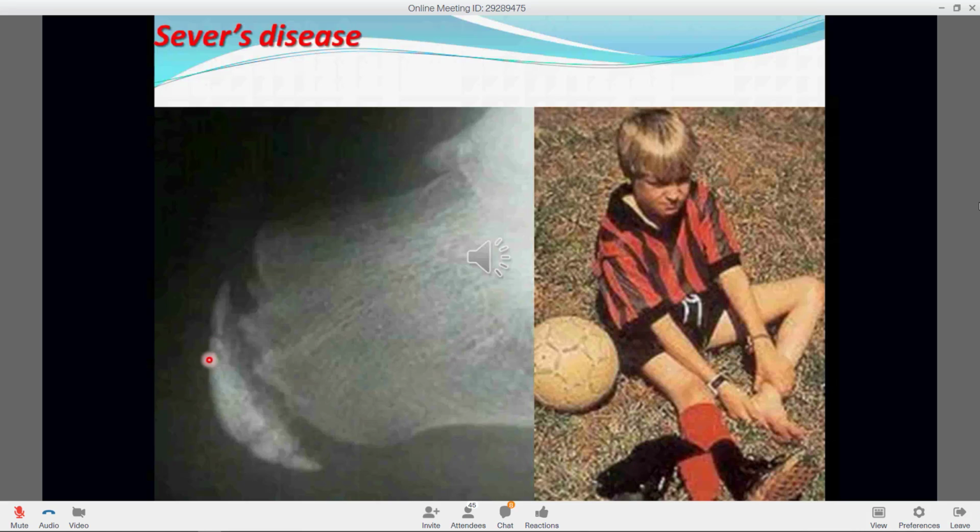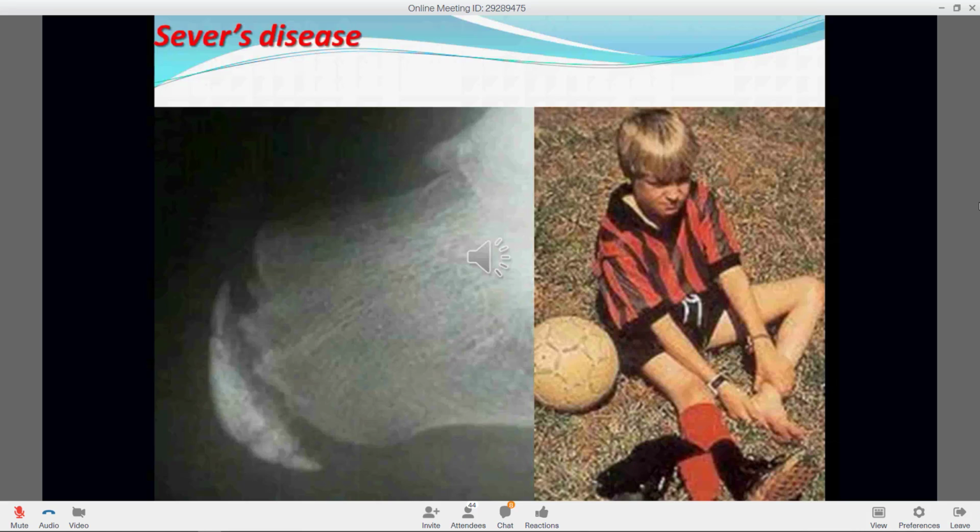Another example is Sever's disease. Sever's disease usually causes traction apophysitis of the apophysis of the calcaneum due to the traction of the tendo Achilles, which is attached to the gastrocnemius muscles.